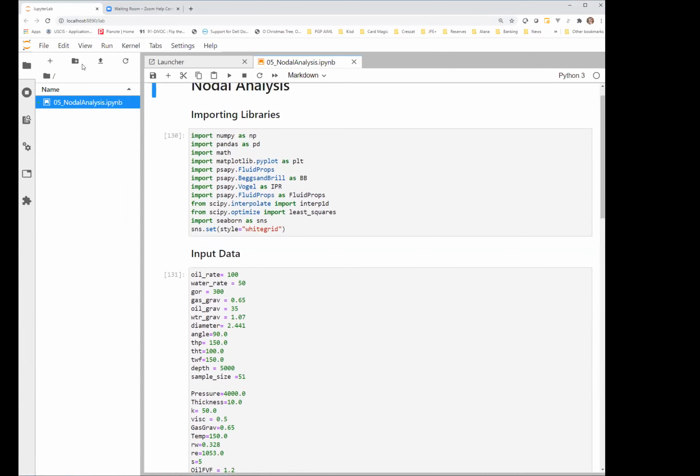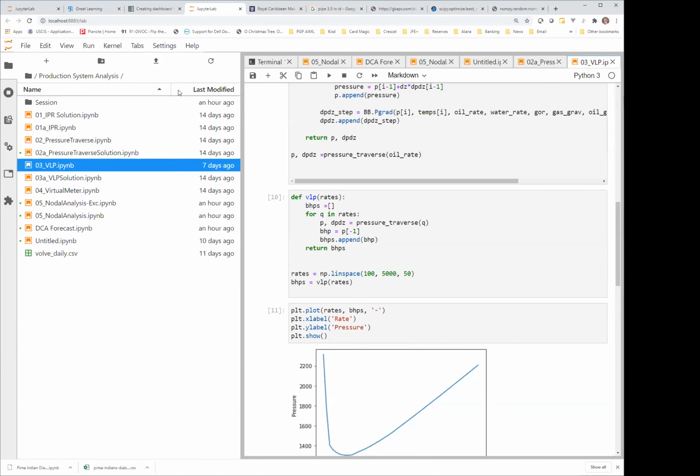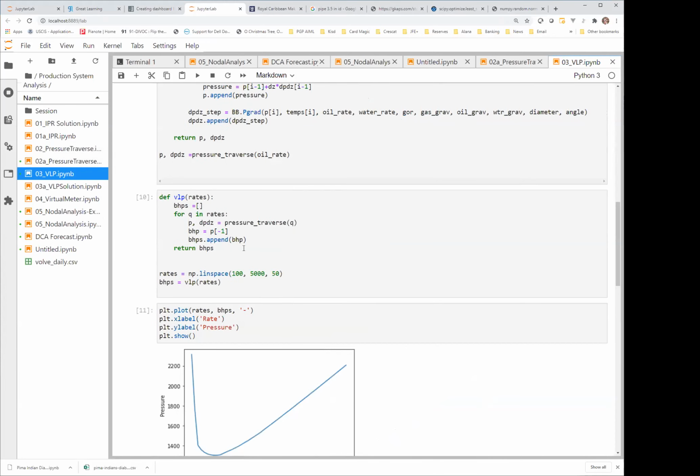So, okay, before this, let me refresh on the previous one. I'm sorry about that. Okay. This is what we were dealing with last week or two weeks ago.